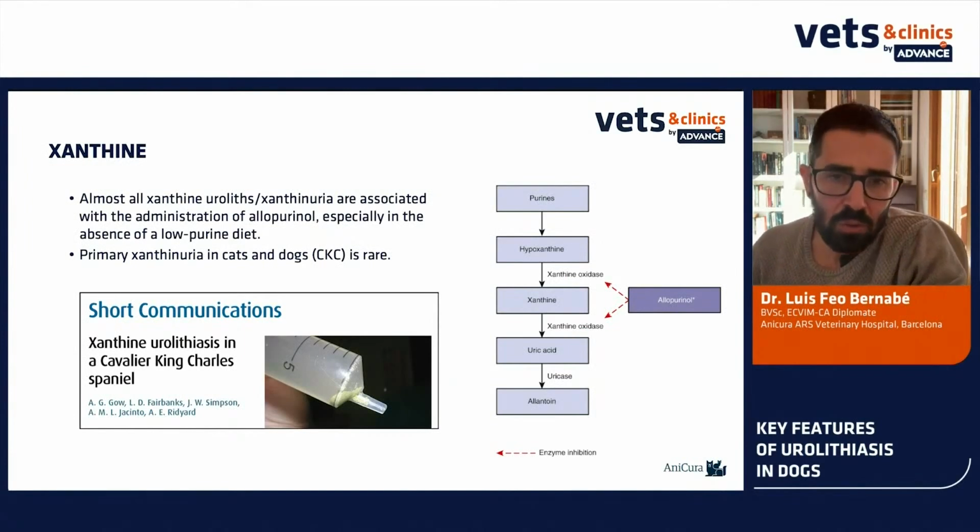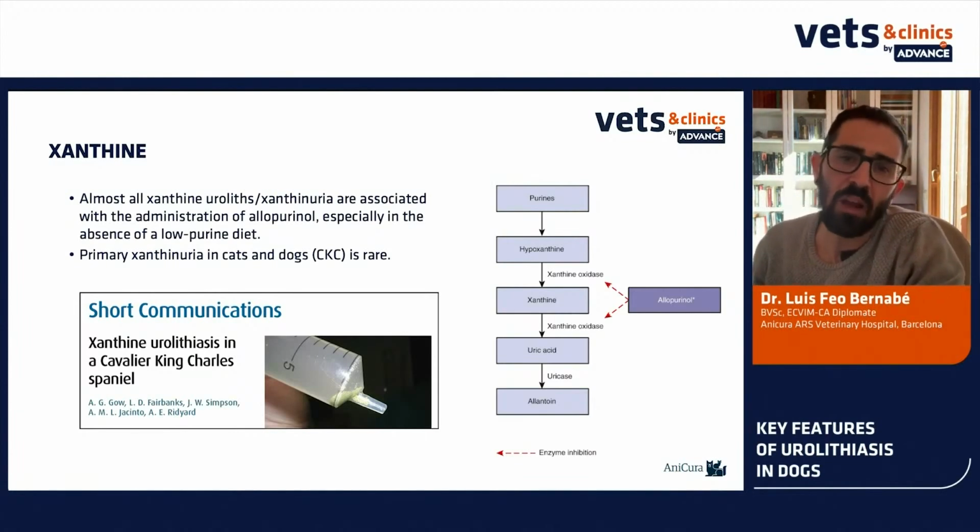There are many countries like the UK or USA where they don't tend to use allopurinol a lot. So that's why they don't have a lot of these stones, because we know that almost all xanthine uroliths and xanthinuria are associated with allopurinol.